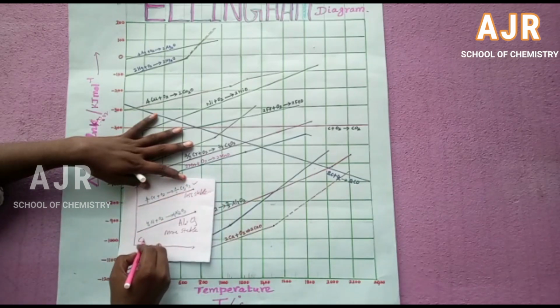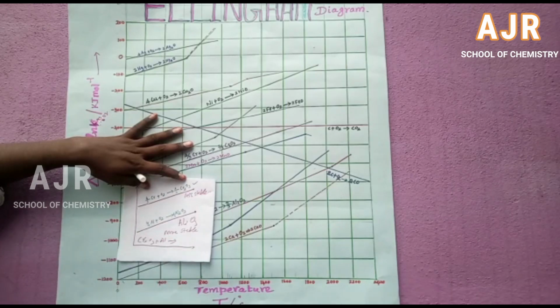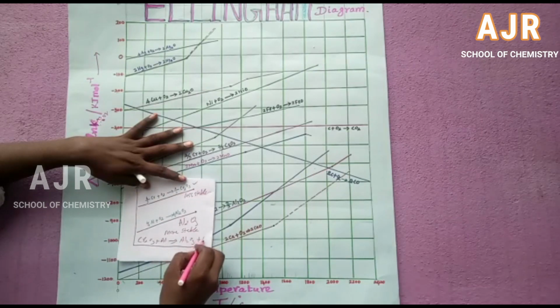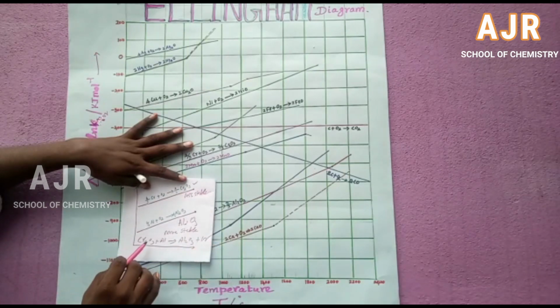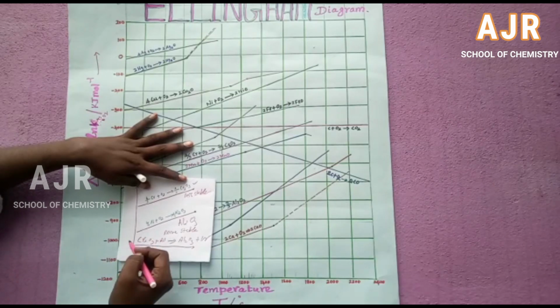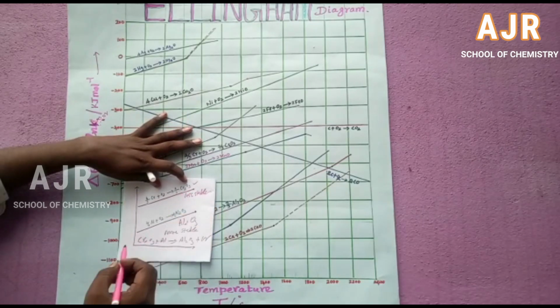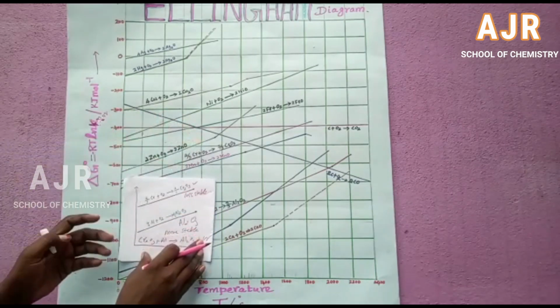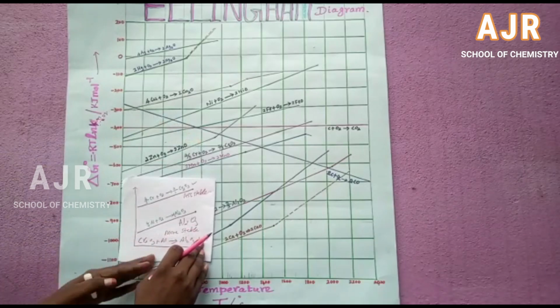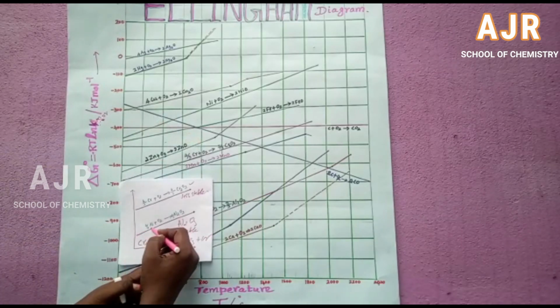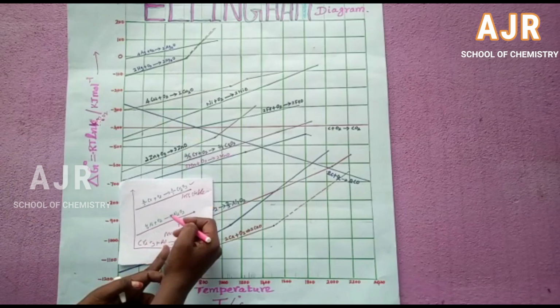That is, Cr2O3 can be reduced with the aluminum. So you will get Al2O3 plus Cr. So aluminum can be used as reducing agent for Cr2O3 chromic oxide, because aluminum oxide formation line lies below that of the Cr2O3 formation line.